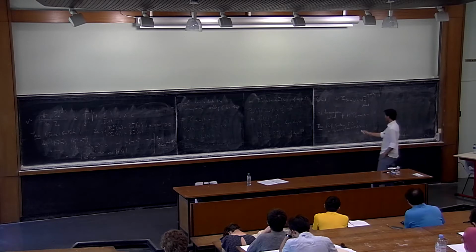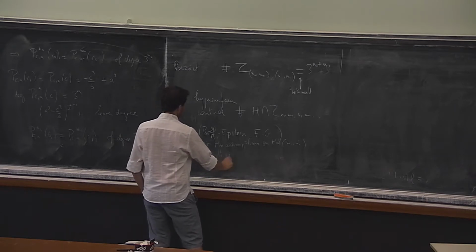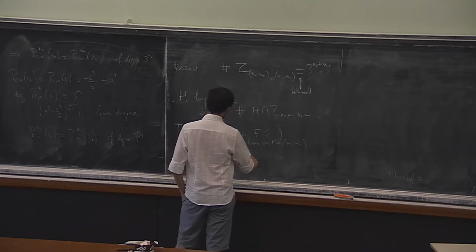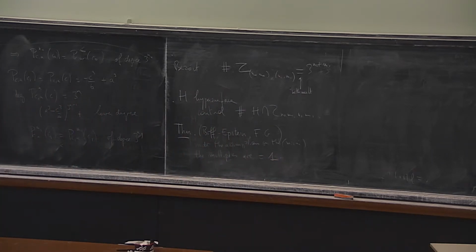So the multiplicities are equal to 1. All these intersections are at smooth points of these varieties, and transverse.